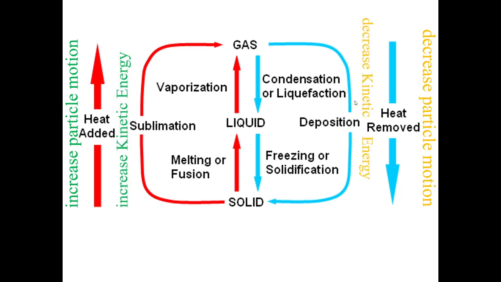And as we remove that heat, it decreases the kinetic energy. So increase kinetic energy. Kinetic means motion again, keep in mind. So particles are moving. It has more energy. It's able to escape. As you decrease that heat, it decreases that energy, decreases the motion, and those particles then deposit, go from gas to liquid and liquid to solid at that point.